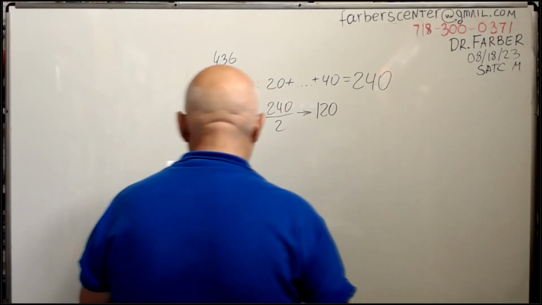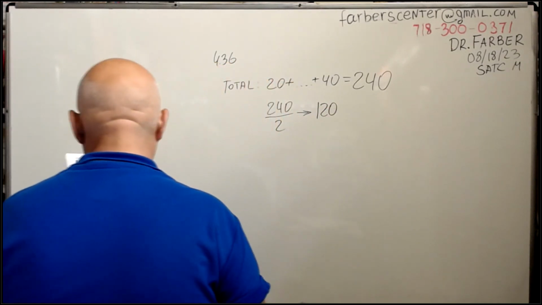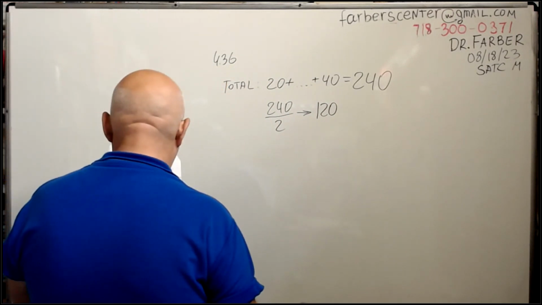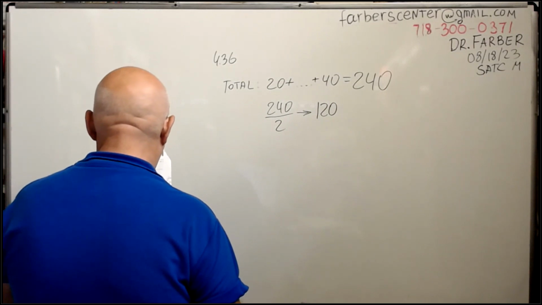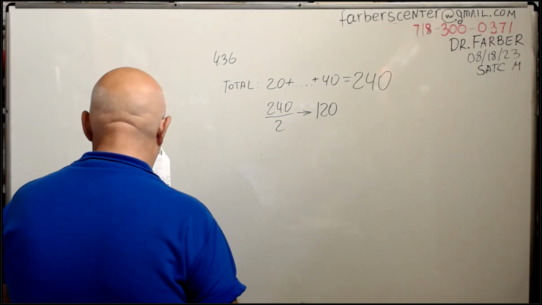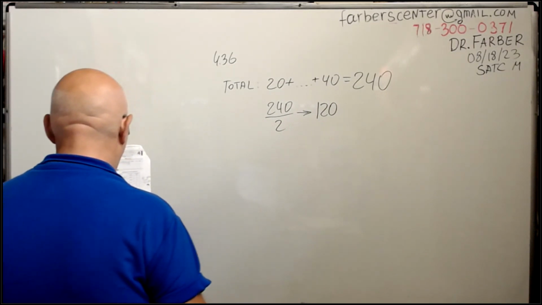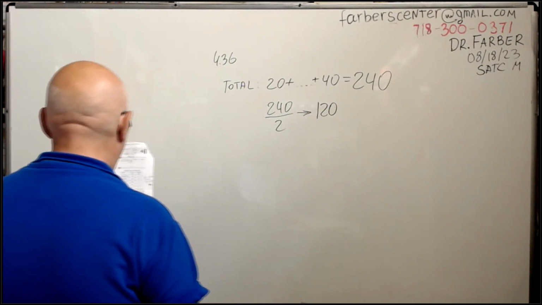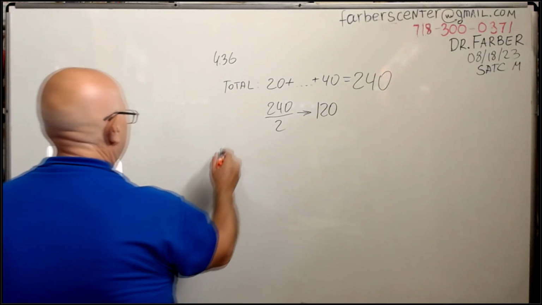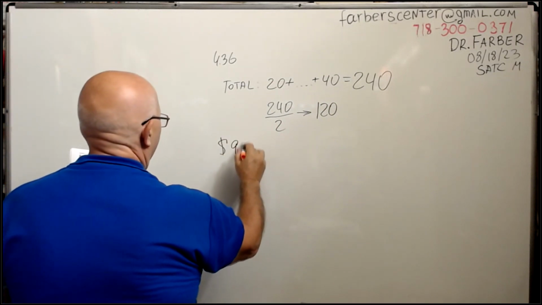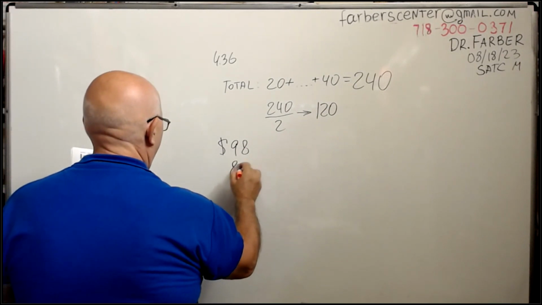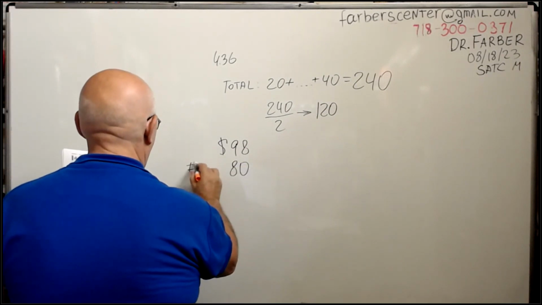So look at this. Okay. If I arrange them. So you have, what is it, $98. How many phones? 80 phones. This is number of phones.